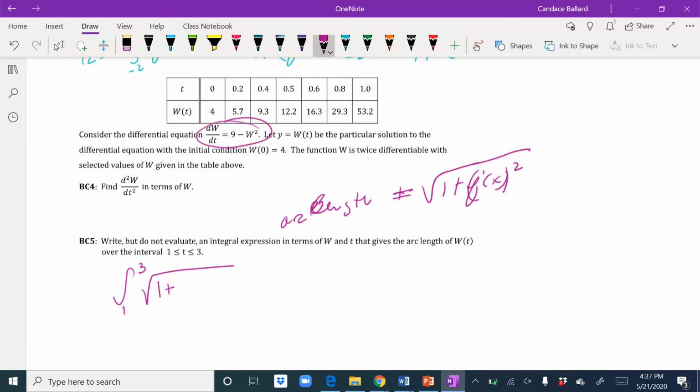This is the derivative, isn't it? Oh, wait, why'd you do f prime of... Oh, wait, no. Because I was just writing a general formula. I should have written w prime of t, right? To be in context of the problem. That wasn't part of my work. I was just refreshing our memory on the formula. So 9 minus w squared, and then throw a dt after it because it was in terms of t. That's it. Done.